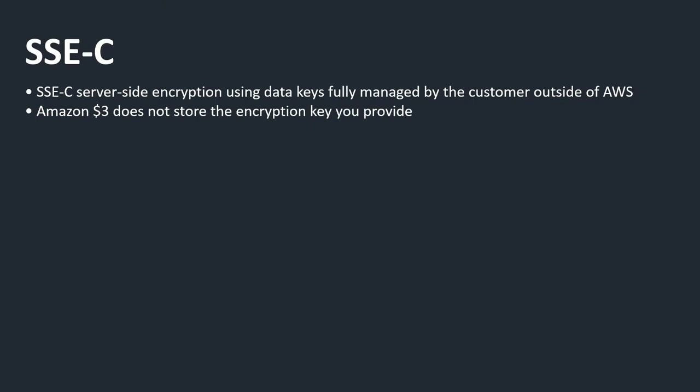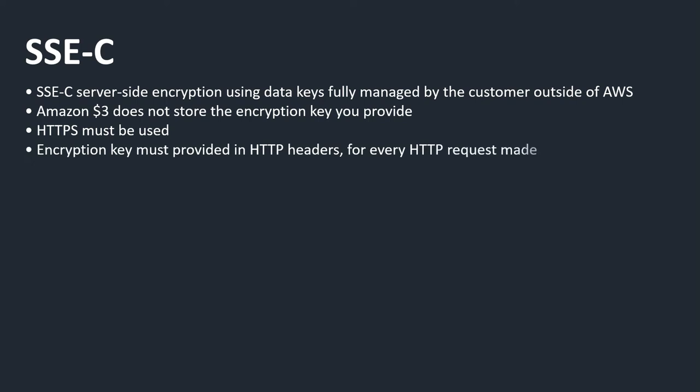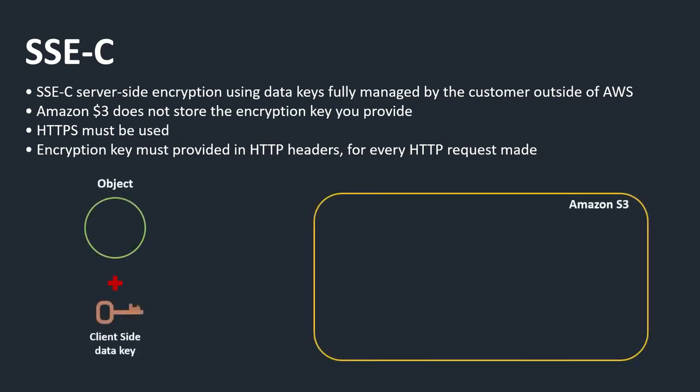To transmit the data into AWS, you must use HTTPS, because you are going to send a secret to AWS, and so you must have encryption in transit. The encryption key must be provided in the HTTP headers for every HTTP request made, because it is going to be discarded every single time.